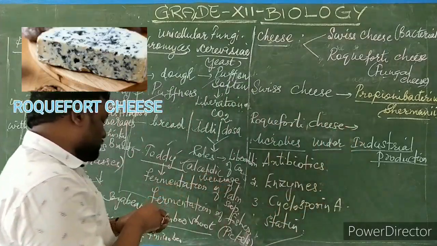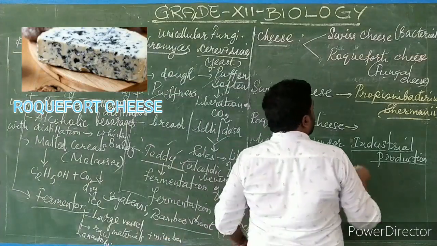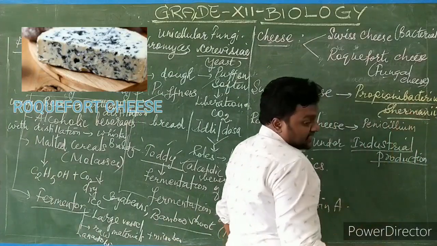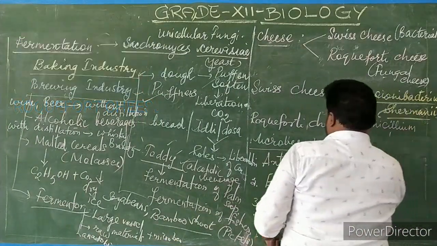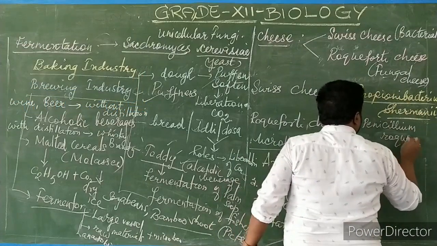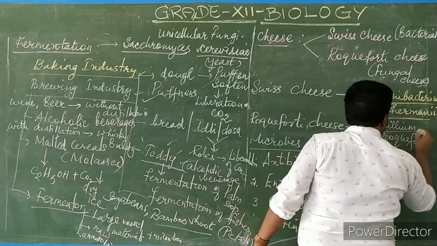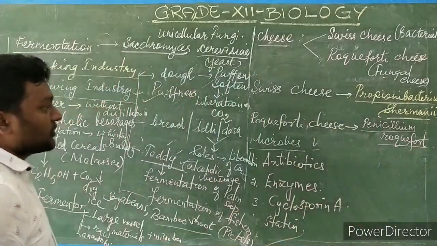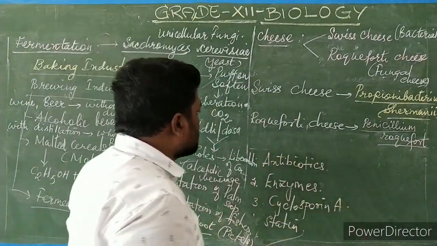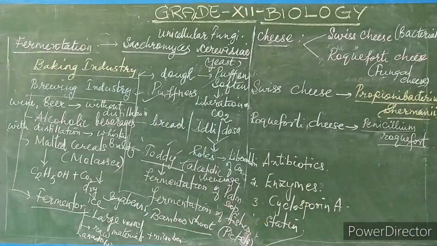This Roquefort cheese is obtained from Penicillium roqueforti. So there are two: Swiss cheese, Propionibacterium shermani, and Roquefort cheese, Penicillium, which can be widely obtained.